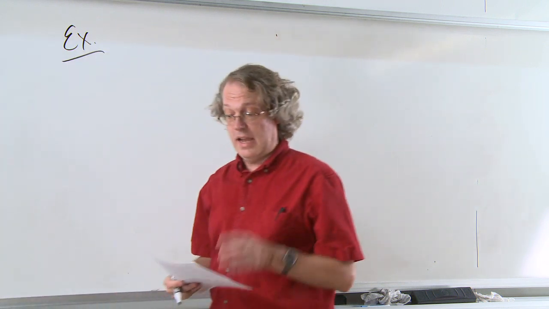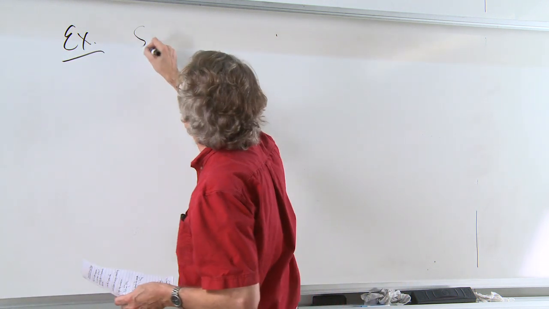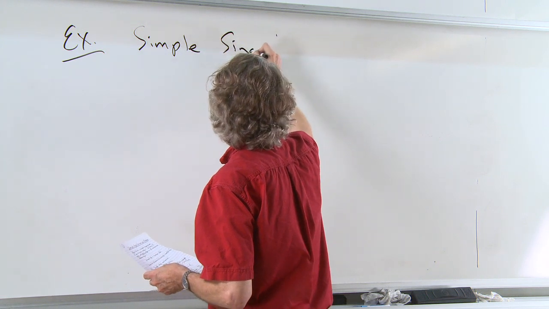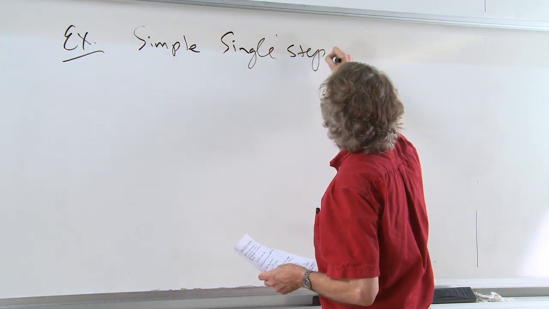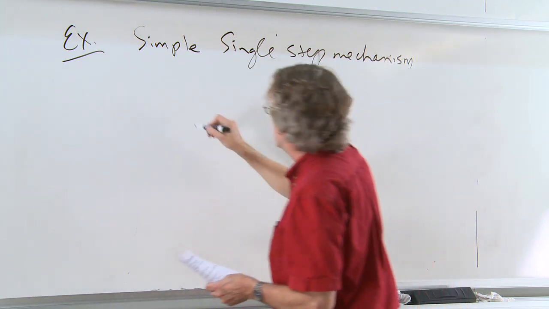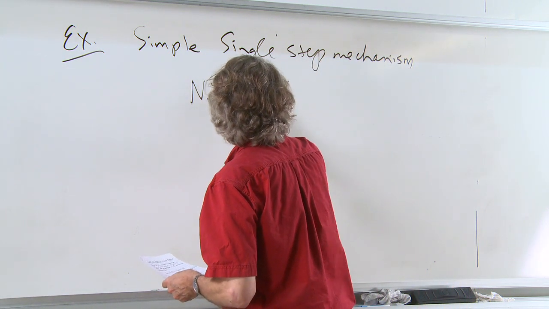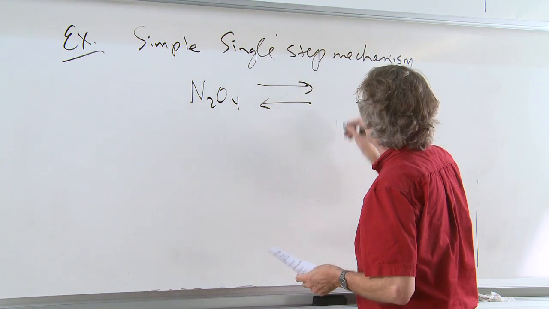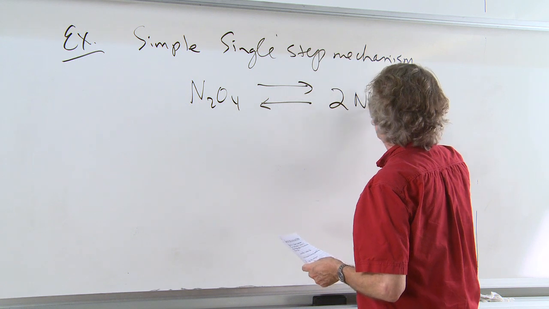The first one we'll look at is a simple one-step mechanism. And as an example, we'll choose the classic reaction that everybody talks about in general chemistry courses, which is the dissociation of N2O4 to make NO2 molecules.